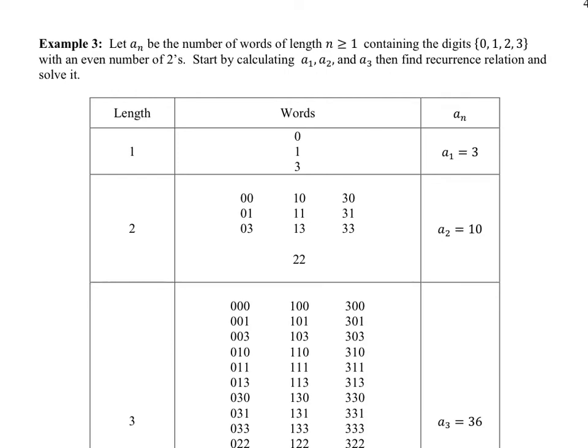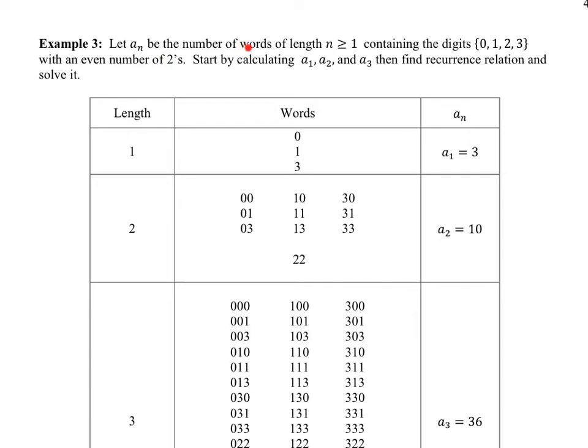Welcome. In this video, we're going to count something that I think is rather tricky to count without the tool of recurrence relations. So A sub n is going to be the number of words of length n containing only the digits 0, 1, 2, or 3, and we're only going to build words that have an even number of 2's.